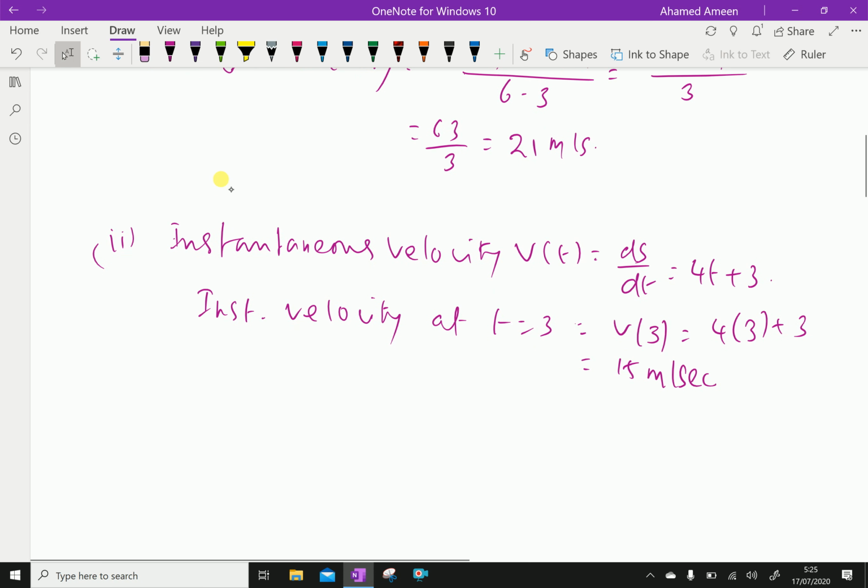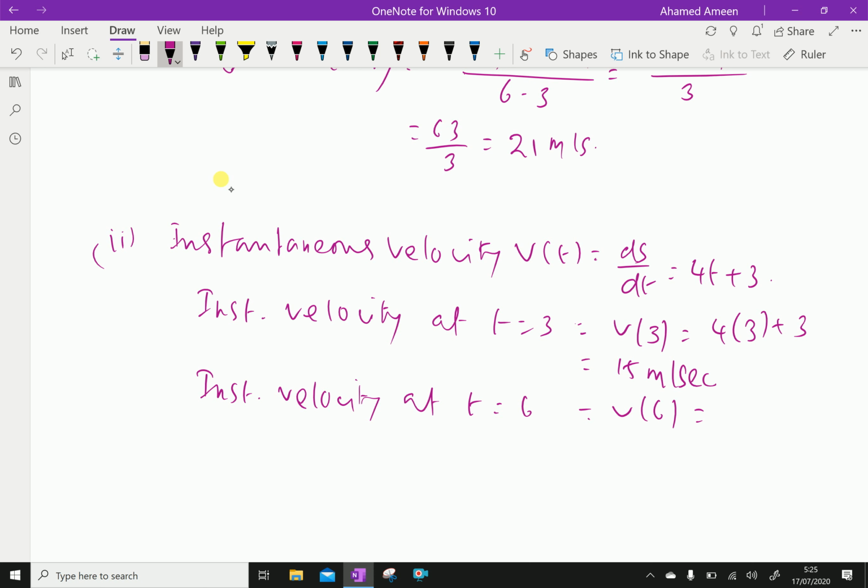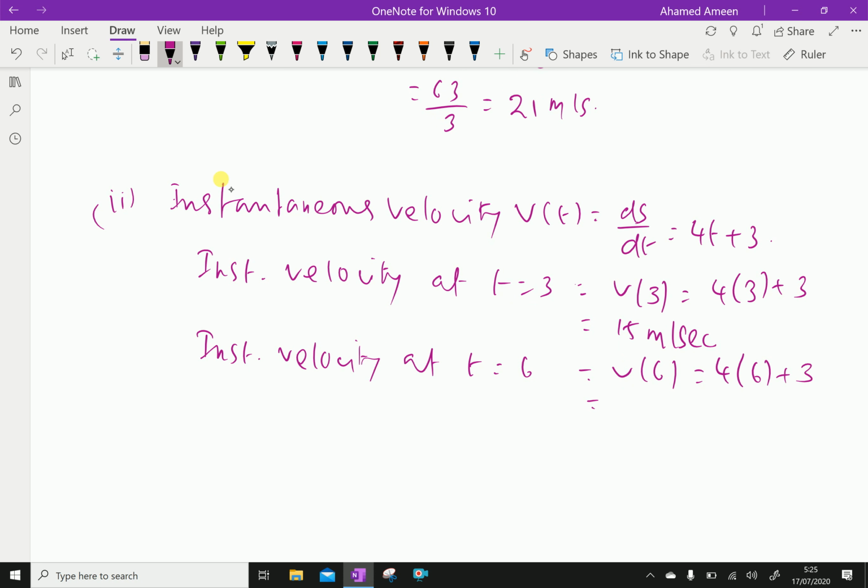And second, instantaneous velocity at t equal to 6 seconds is v6 equal to, substitute t as 6, so 4 into 6 plus 3 is 4 into 6 is 24 plus 3 is 27 meters per second.